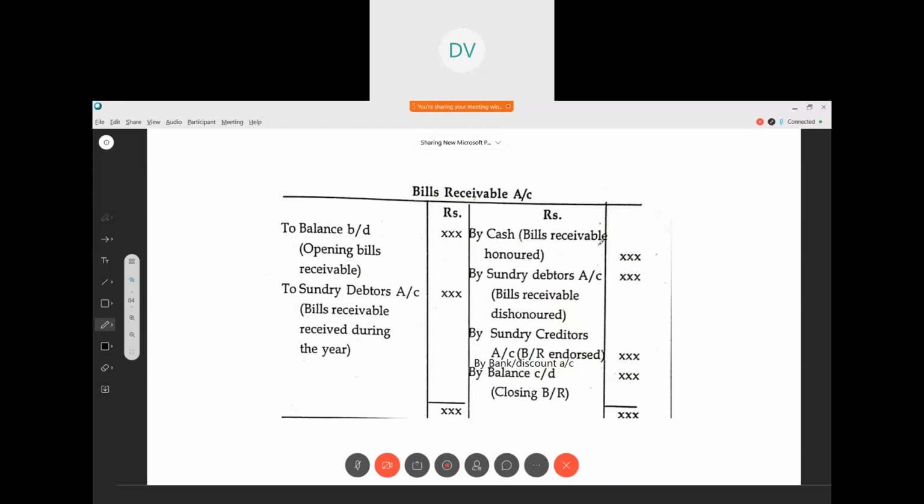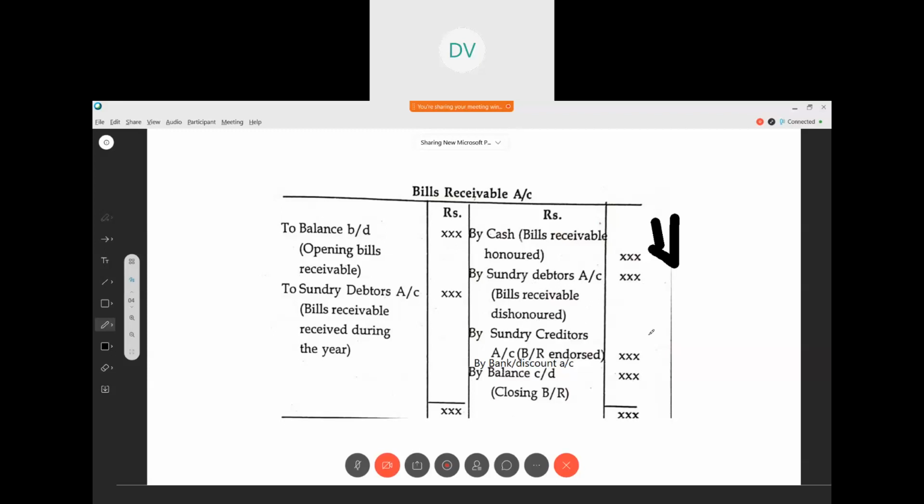Cash account, bills receivable honored. That means they made the payment, so the value of the bill will come down. Then sundry debtors, bills receivable dishonored. So the bill gets cancelled, and again it will come down.